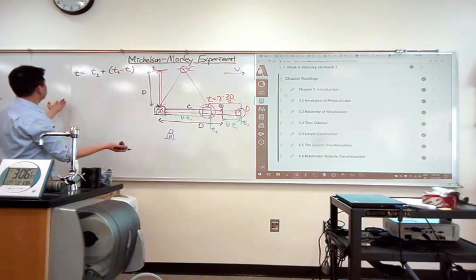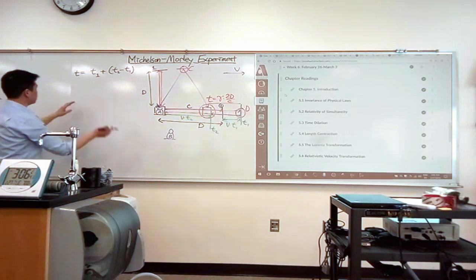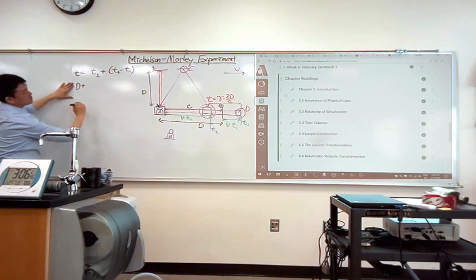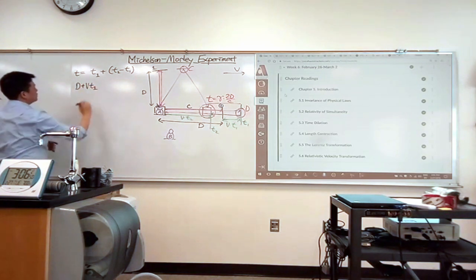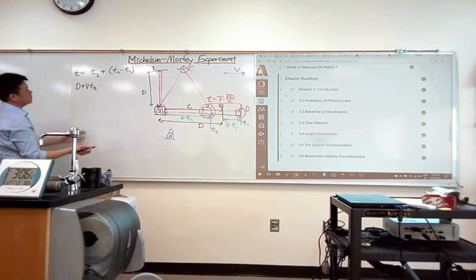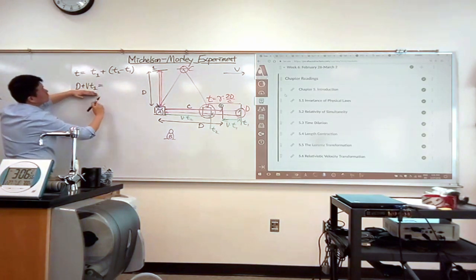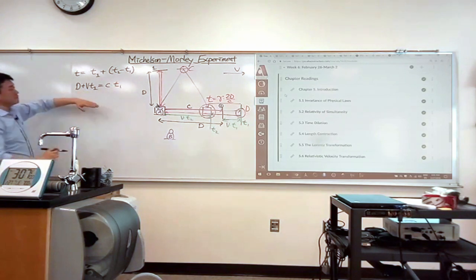So light has traveled d plus vt1. That's the distance that the light travels. So that's equal to speed of light, c, times t1.